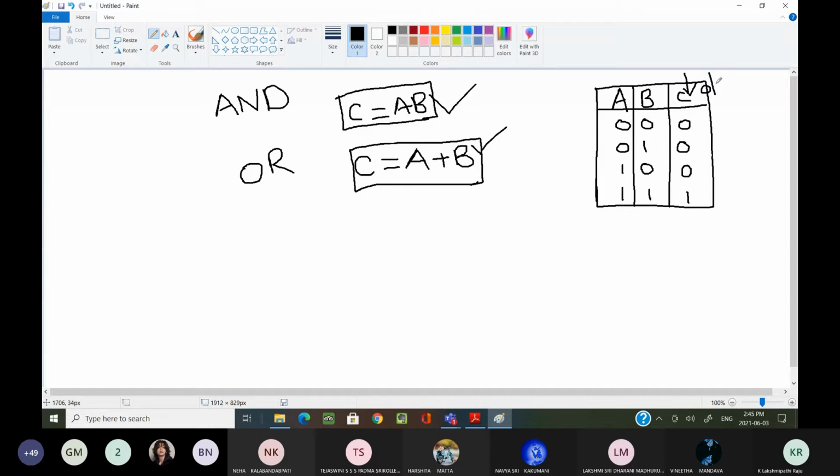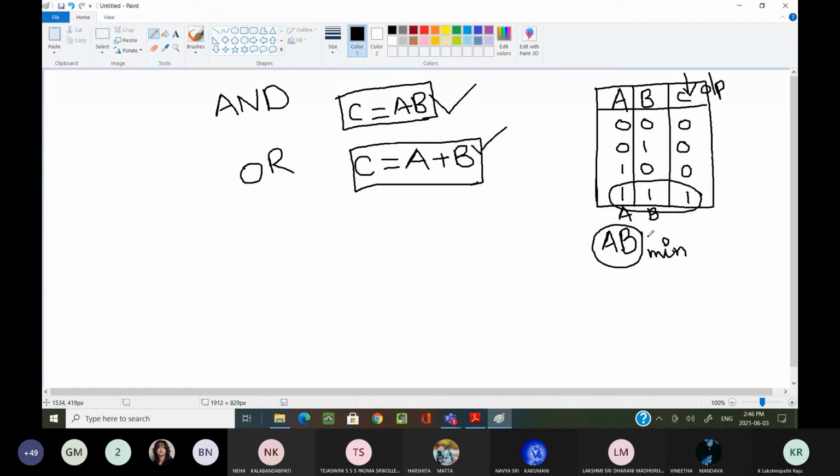Now, in this output column, where you can see ones, only at the last row I can see one. Wherever you find ones, you can write it as an SOP expression. If it is an AND operation, here I am considering A and B, and if you combine them with AND, this is nothing but the min term we have seen previously.